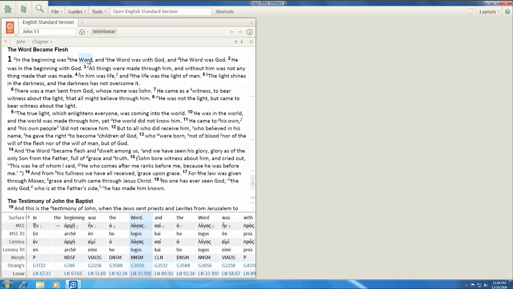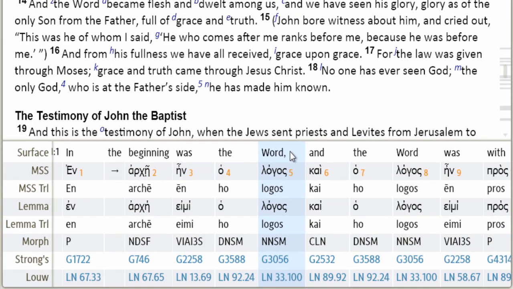And like I showed you before with the reverse interlinear tool and with the reverse interlinear pane, this helps you make the transition from the English word to the Greek. And the transliteration helps us pronounce the word. So we're looking at this Greek word, logos.